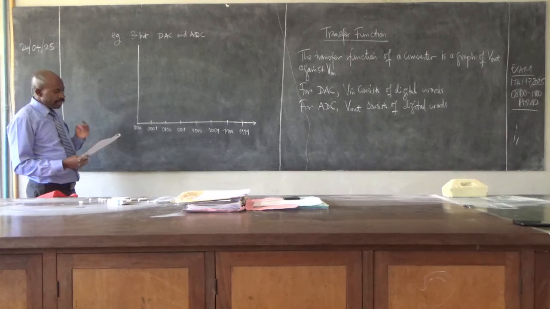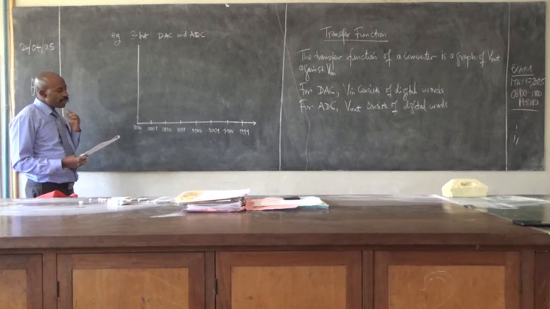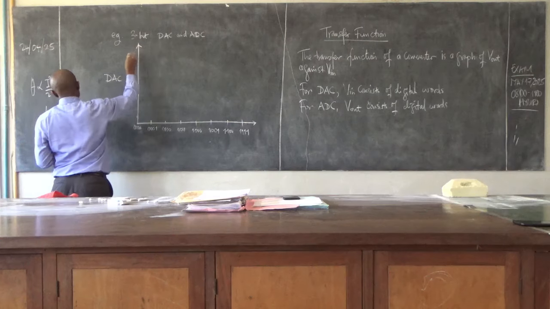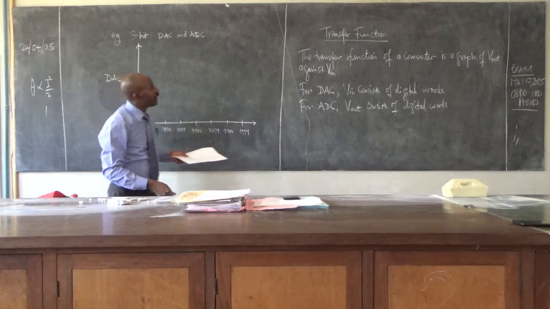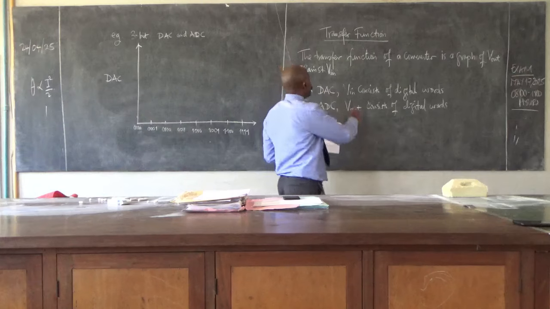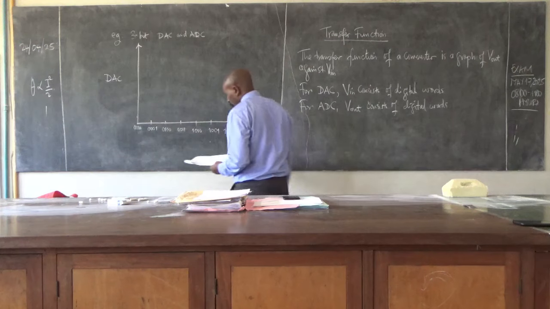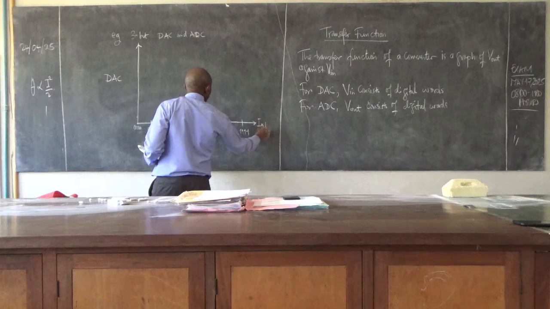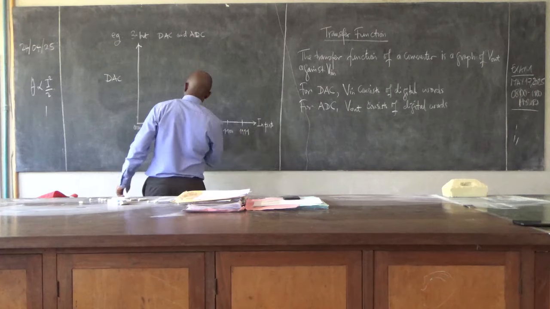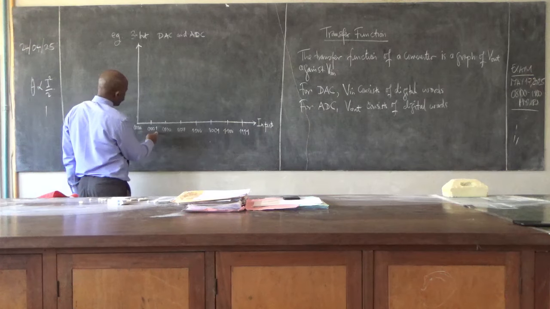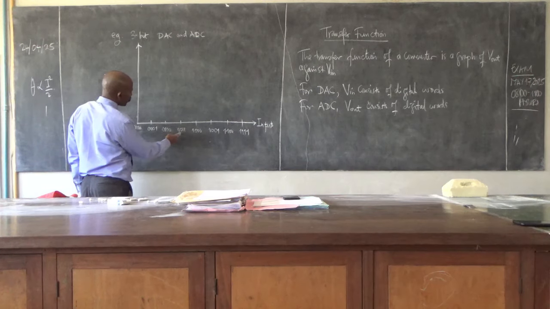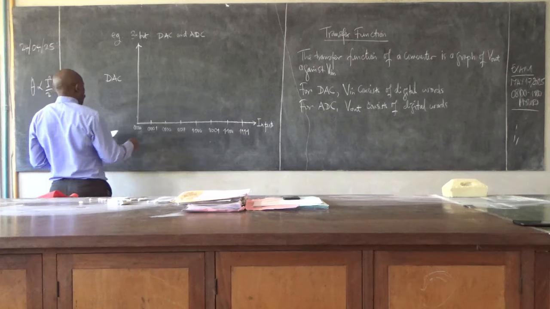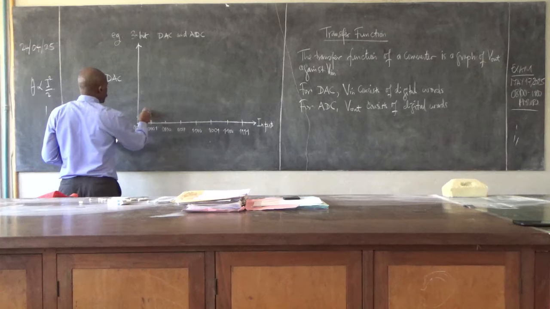So we got this. This is for the DAC, and we say that for DAC, the Vin consists of digital words. So this is our input. These are our digital words here: 0 0 0, 0 0 1, 0 1 0, 0 1 1. You will check out the order. And then you will have these steps.